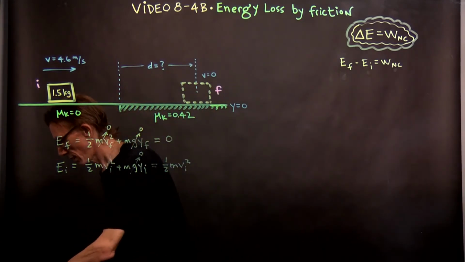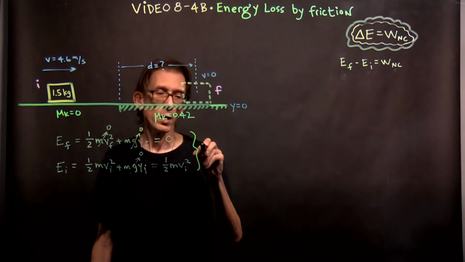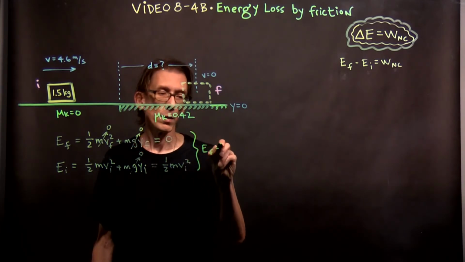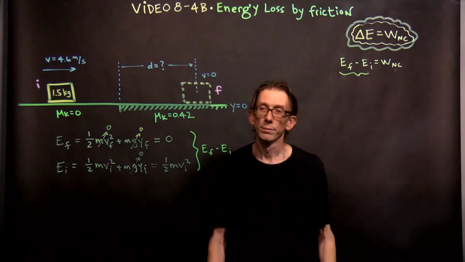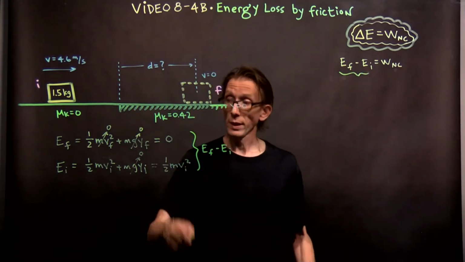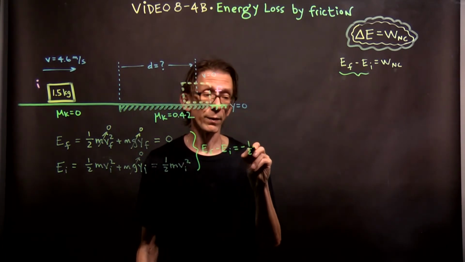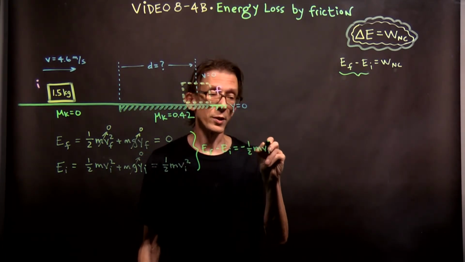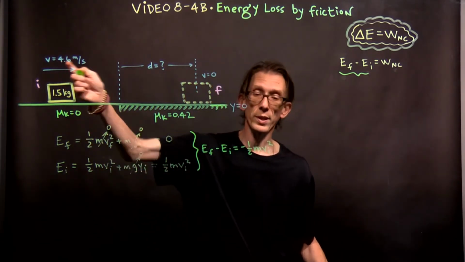So what is EF minus EI, which is the left-hand side here? Well, EF is 0, EI is 1/2 mv squared, so that equals minus 1/2 mvi squared. And again, we know those numbers. We're given the initial velocity, 4.6.